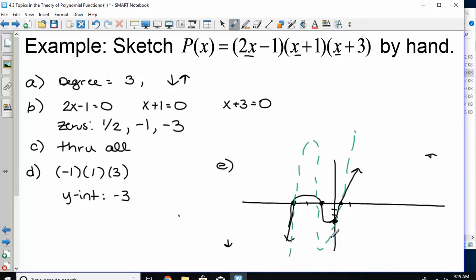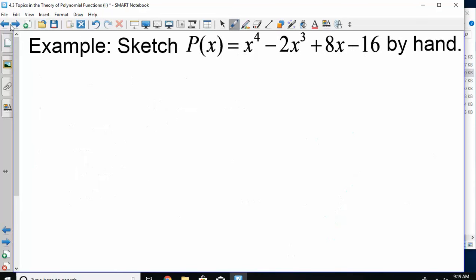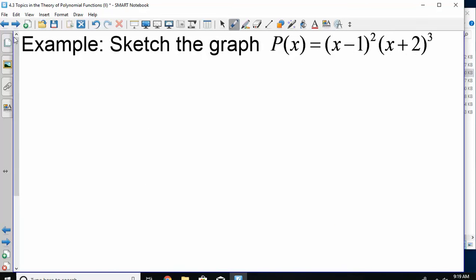Decent enough graph? All right. So a nice thing about these, you can always check yourself at the end to make sure you're on the right track. Any questions about that? So we're just going to keep practicing these today. I'm going to kind of jump around a little bit. I want to do this one next.